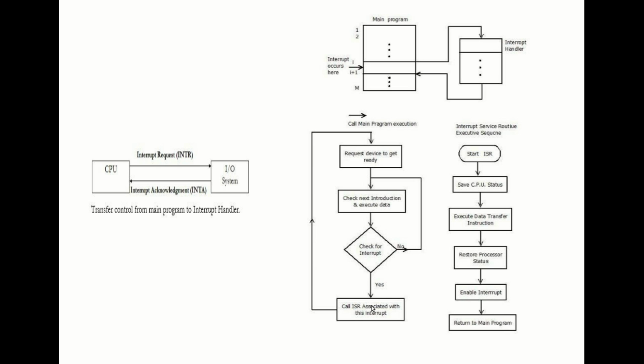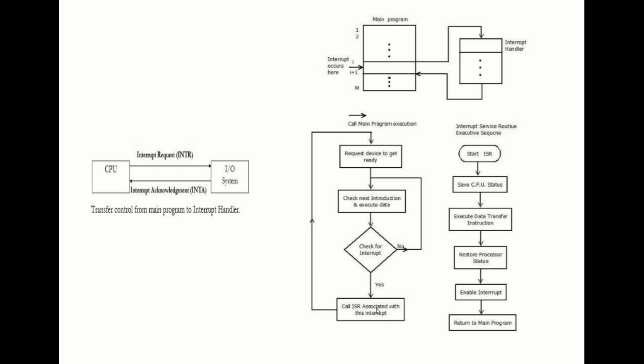If there is an interrupt, the interrupt service routine will be executed. This is the interrupt service routine. If there is no interrupt, it will continue with the execution of the next instruction. So the execution of next instruction will happen here. If there is an interrupt, the interrupt service routine will be executed.